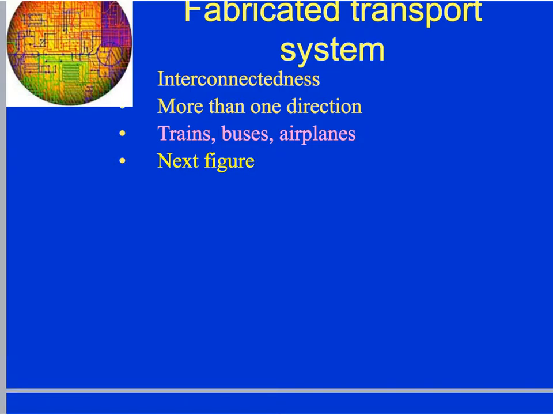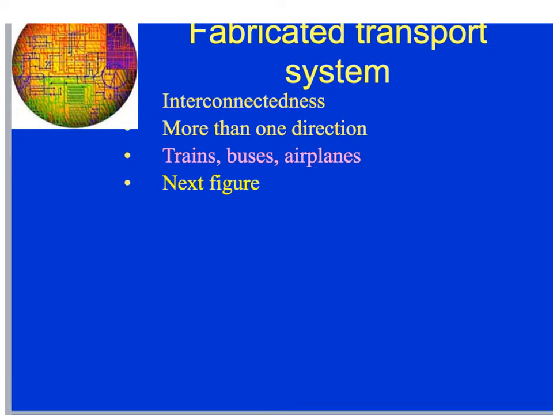So there is an interconnectedness, and the other thing is often you can go more than one direction. In some cases, you can actually reverse some of these pathways, and in some cases you can't. Understanding what you can and can't do is important.